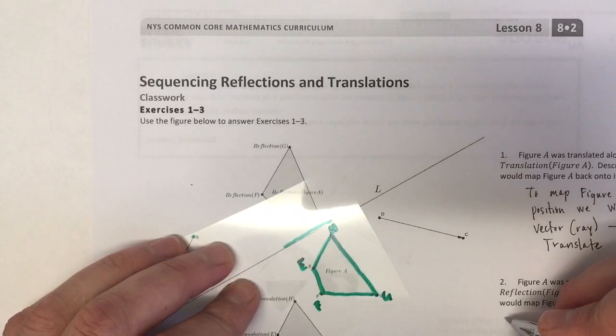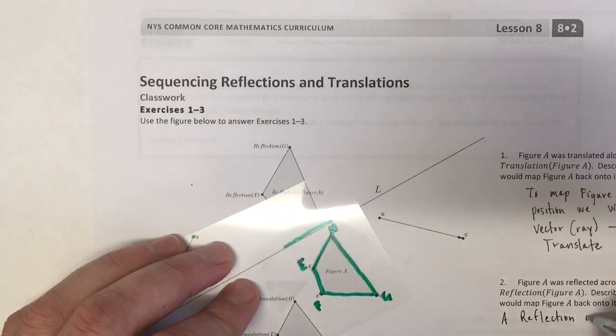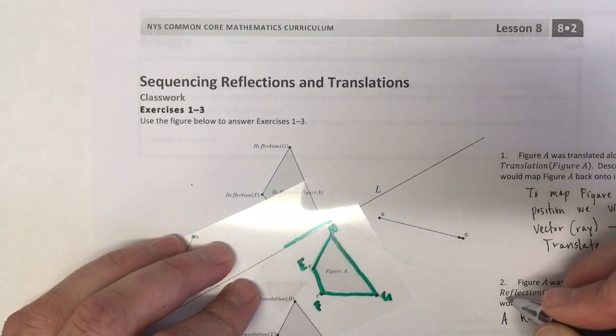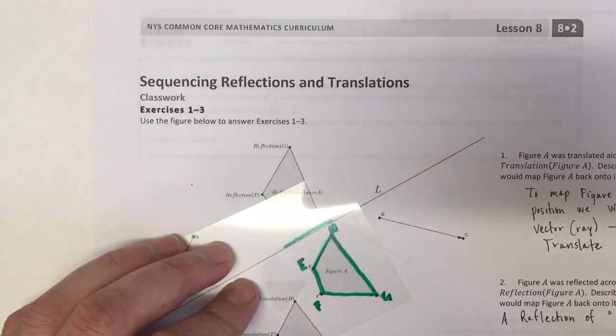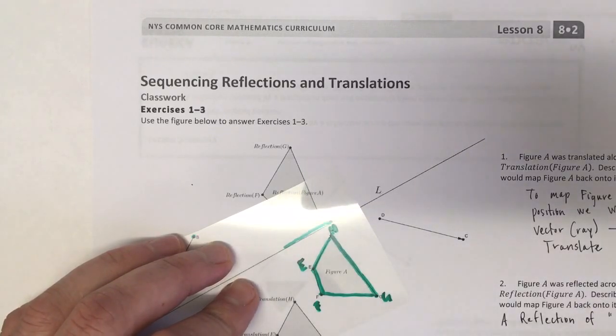And so a reflection of figure A, it says reflection of figure A, so I'm just going to rename it reflection figure A over, well, what line did I reflect it over?